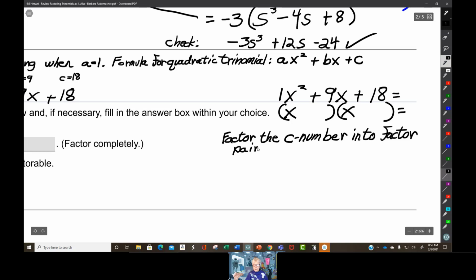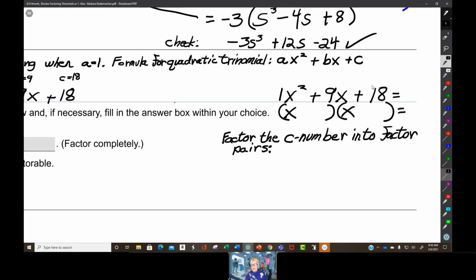Here are the factor pairs of positive 18. Now I'm making this a little harder than it is because I want to give you the complete approach. This is a quadratic trinomial in which A equals 1. So I make the two parentheses. This is assuming it's factorable, right? I make the two sets of parentheses and I split the x squared apart into x and x.